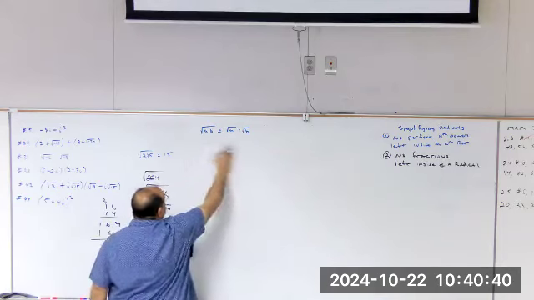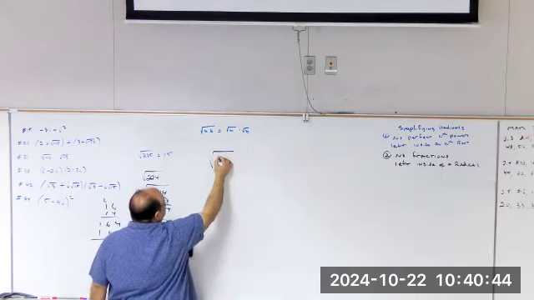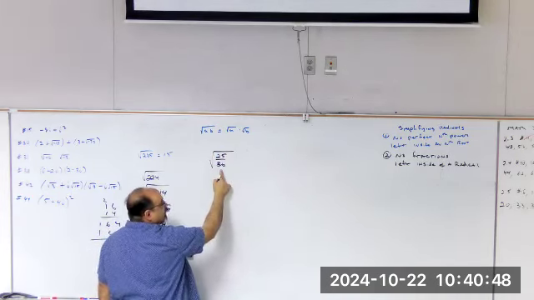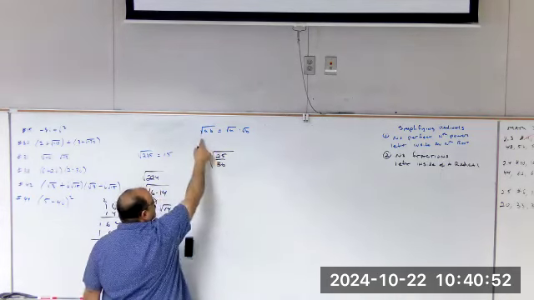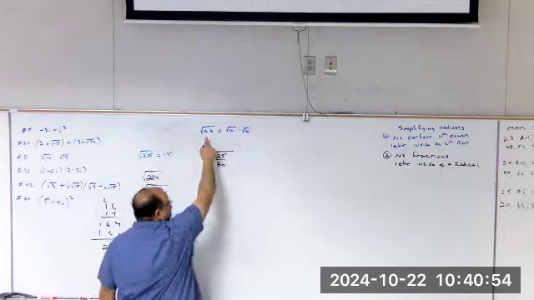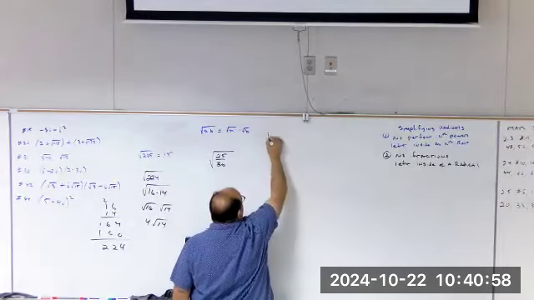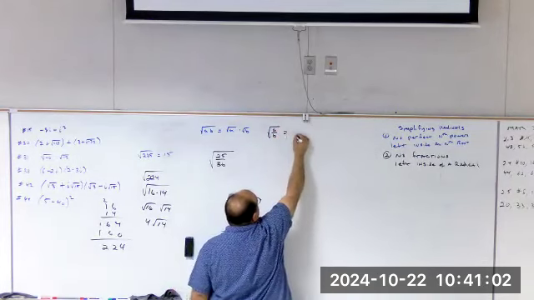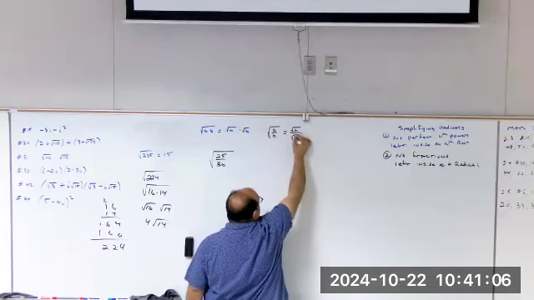So if we have the square root of 25 over 36, you can't leave a fraction inside of a radical. So the property for radicals, if you have the square root of a over b, we can split that up into just the square root of a over the square root of b.